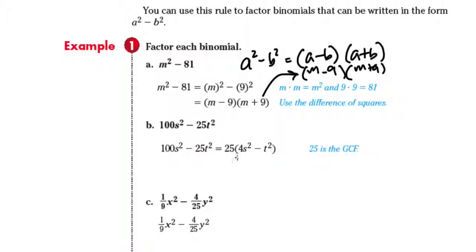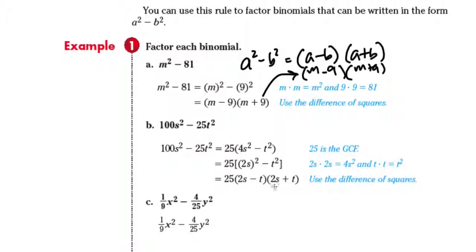So this becomes 25 times 4s squared minus t squared, using the first method of factoring, GCF. After that, we now have a difference of squares. This becomes 25 times 2s squared minus t squared, and this is our a, 2s, and our b is t. So this becomes 25 times 2s minus t times 2s plus t.